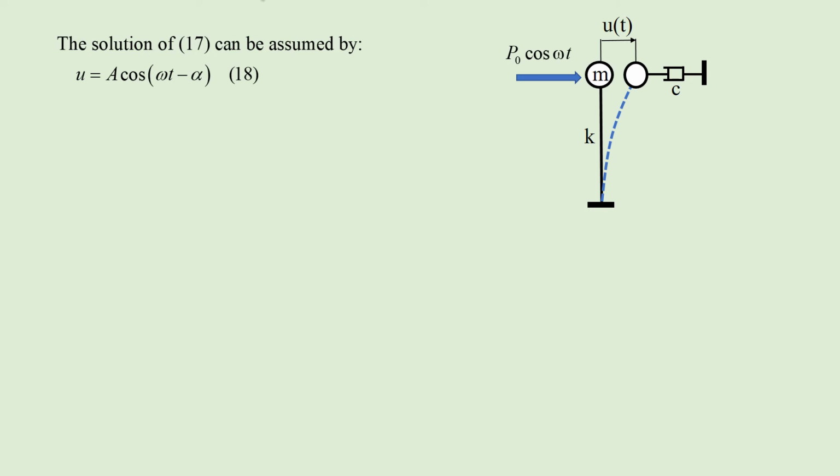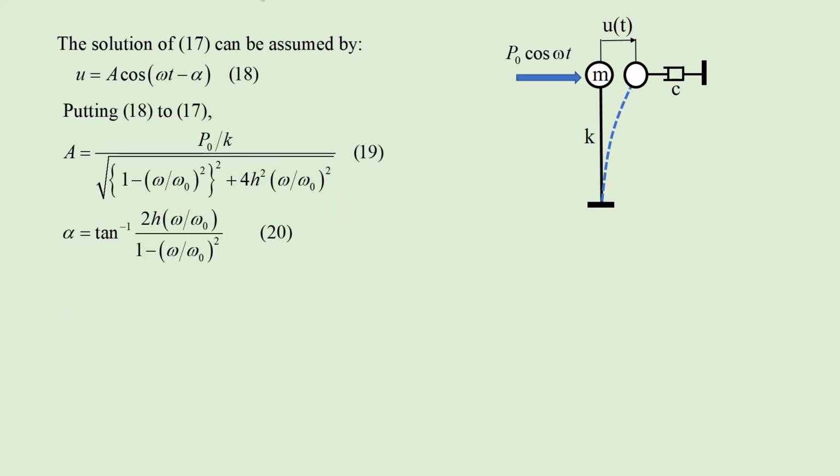The solution of equation 17 is assumed as equation 18. The structure is excited by the frequency of the external force omega. So, it is reasonable to think that the structure vibrates with this external load frequency.